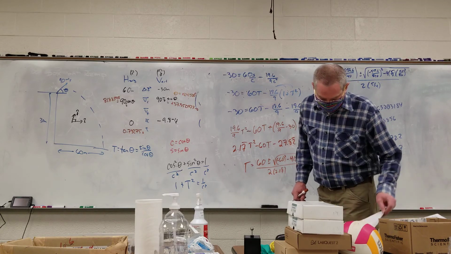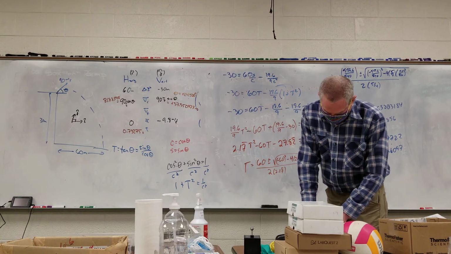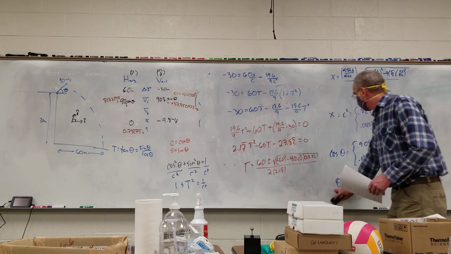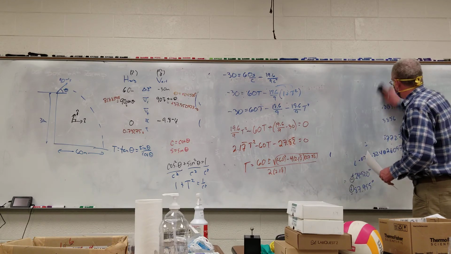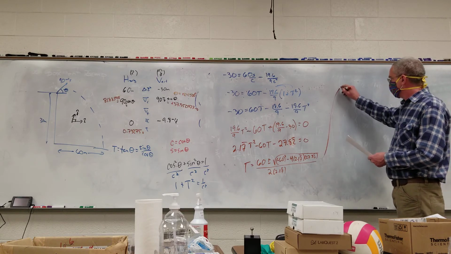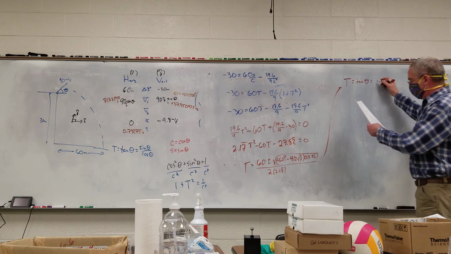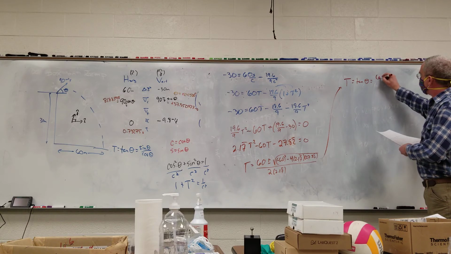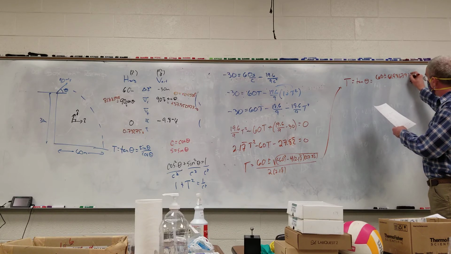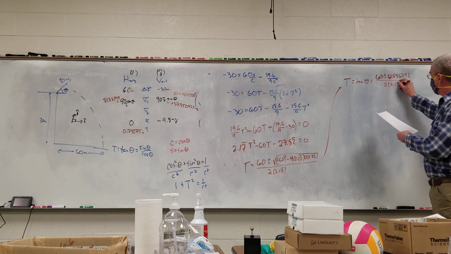And if you work through that, you have the tangent of theta equal to 60 plus or minus 61.986792 divided by 2 times 2.17 repeating.